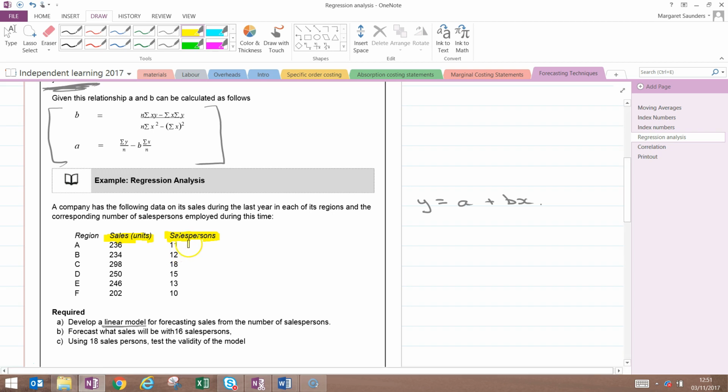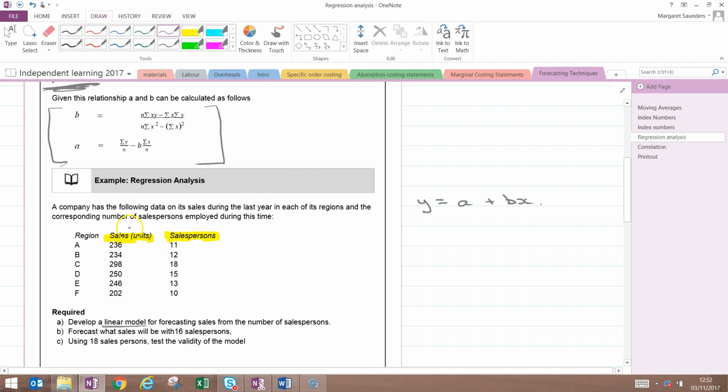So we need to decide, does the amount of sales depend on the amount of salespeople that we have, or is it the other way around? Does the amount of salespeople depend upon the amount of sales we make? Well, fairly obviously, our sales is going to be influenced by the number of sales staff that we have. So sales will depend on salespersons.